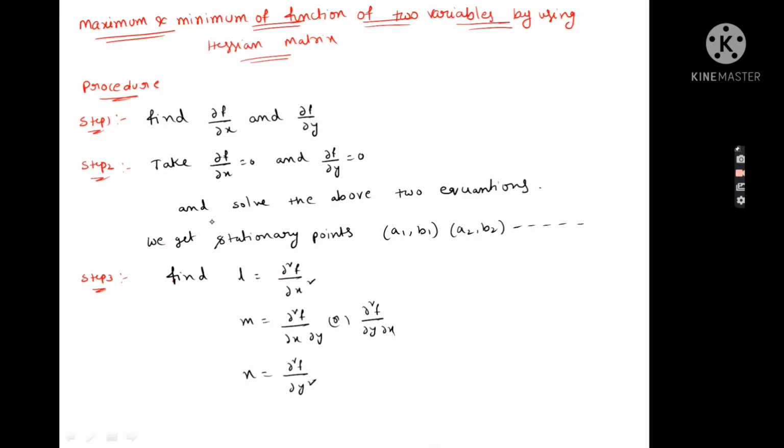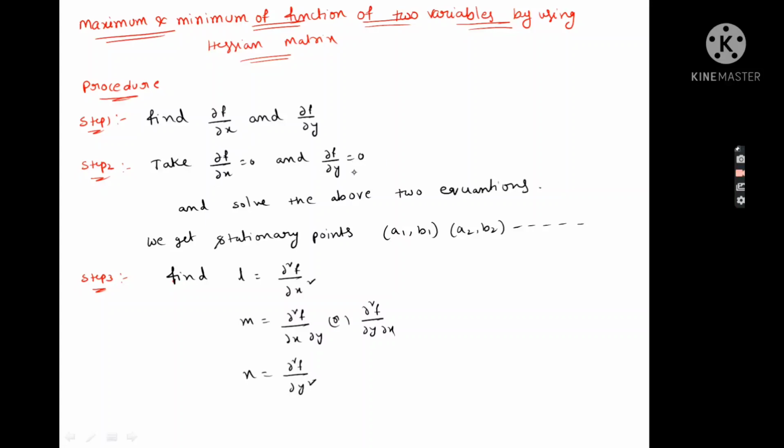Now coming to the topic, maximum and minimum of a function of two variables by the Hessian matrix. We have to follow some steps. First, given the function of two variables, in step 1 differentiate f with respect to x and with respect to y. Step 2, take the derivatives equal to 0, that means df by dx equals 0 and df by dy equals 0.